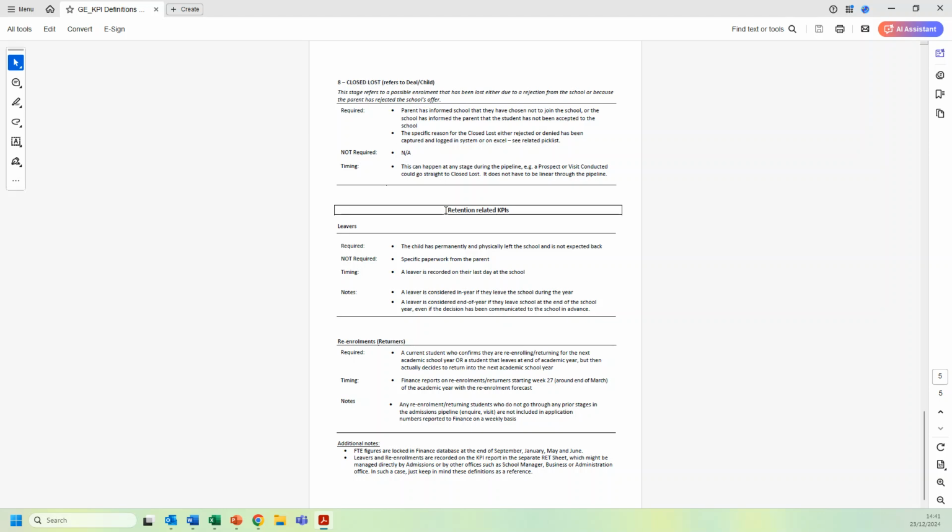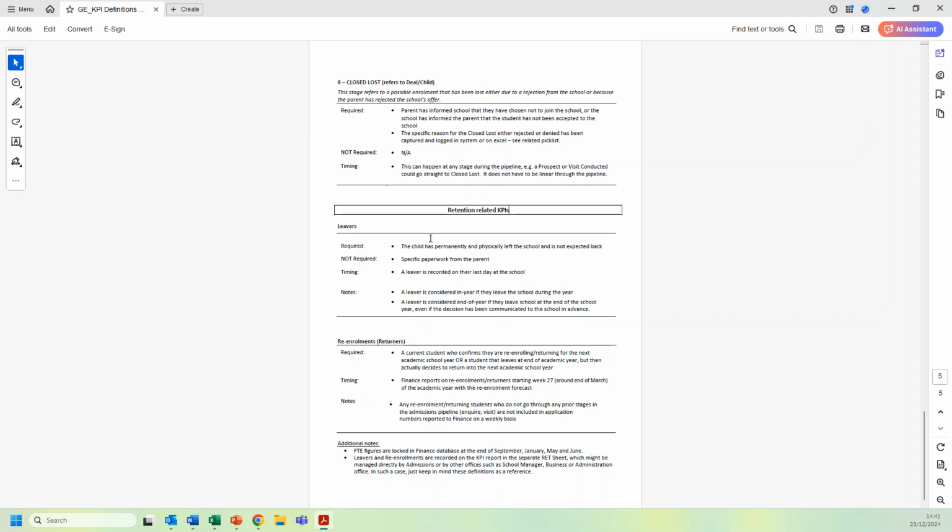You also have a part which is related to retention, so of leavers and returning students. Now, this might or might not be under your responsibility, depending on the school structure. In some schools, admissions is also in charge of retention. In some others, there is a dedicated person: business manager, school manager, administration office. It depends.